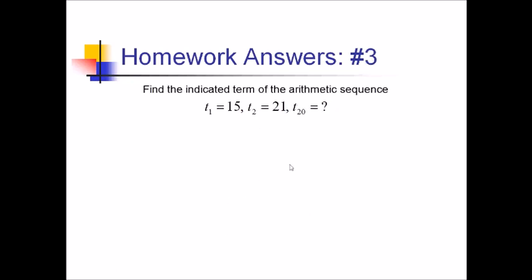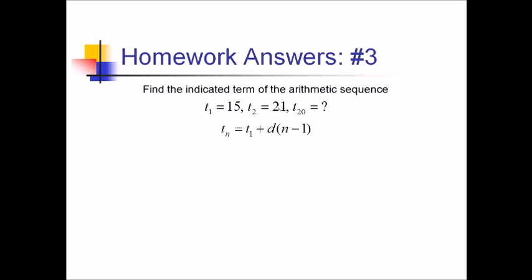For number 3, we're trying to find the 20th term for an arithmetic sequence that starts with the terms 15 and 21. So for this, let's use our Tn equals T1 plus D times n minus 1 formula. I'm using this one because they gave me T1, and I can easily find that common difference. So now let's plug in a few things. We need the D value eventually.